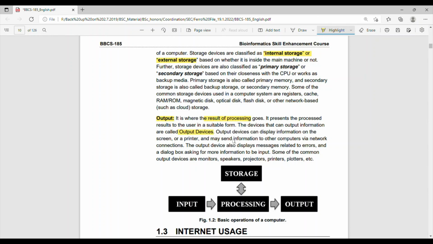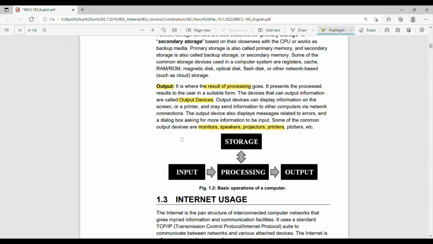For example, the instructions I am giving to this computer are being displayed on this monitor. You can see this monitor; it is an output device. Monitors, speakers, projectors, and printers are all output devices. For example, if I print this page, I will get a printout with the help of a printer. That is an output device.